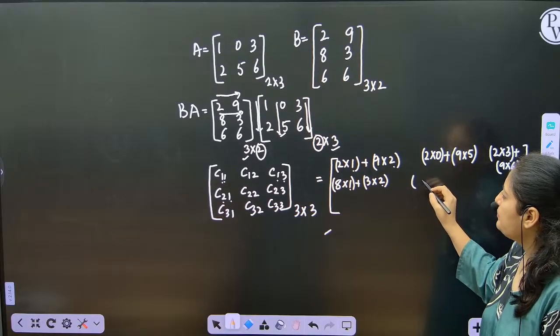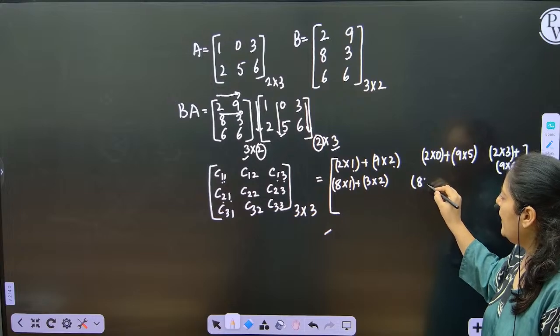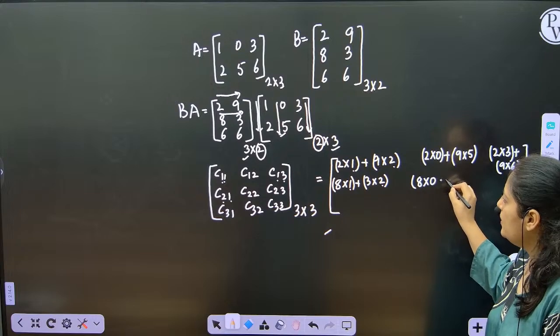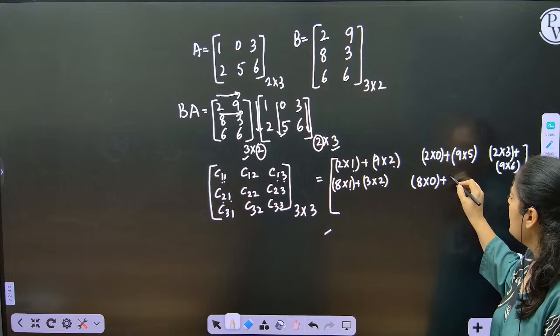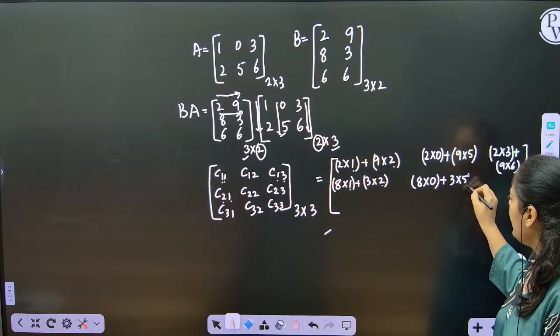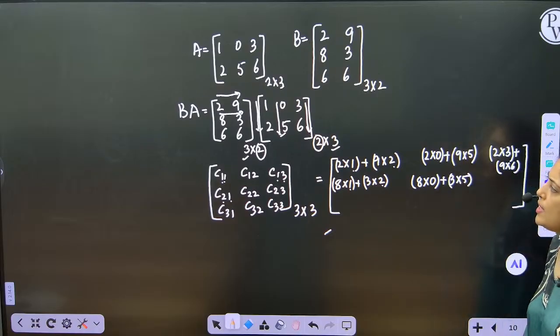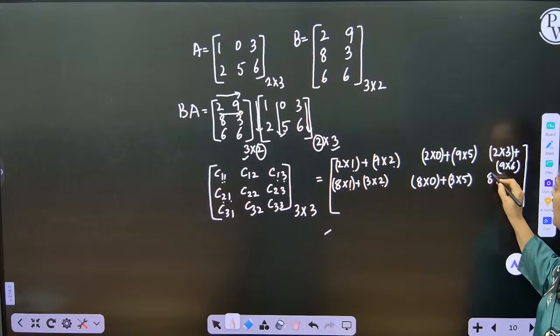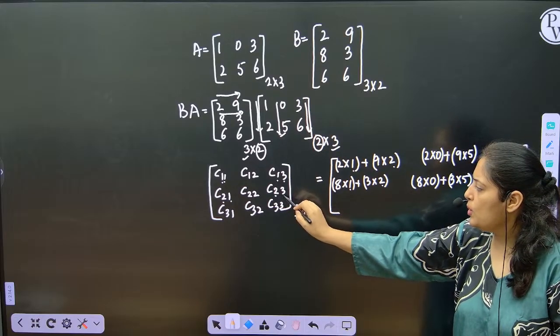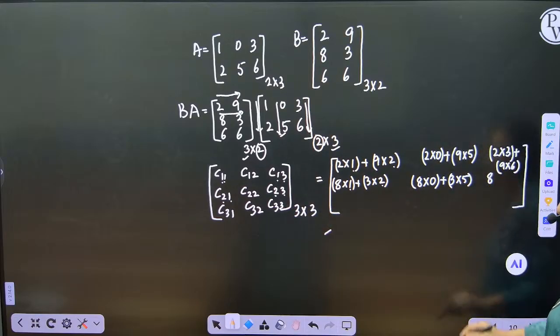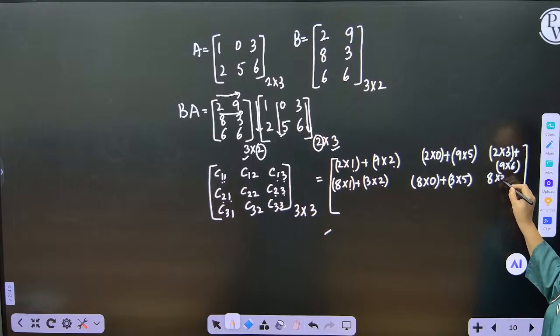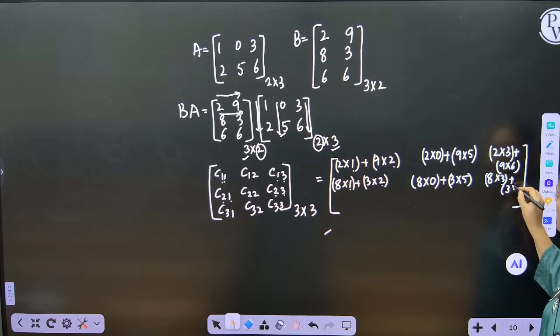Okay. 8 into 0 plus 3 into 5. Similarly, second row, third column I am multiplying now: 8 into 3 plus 3 into 6.